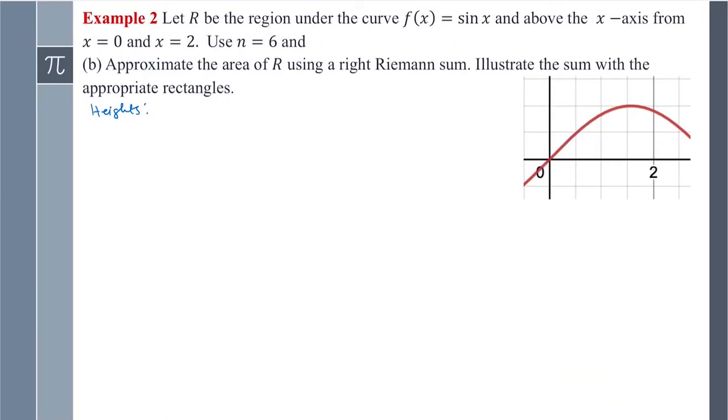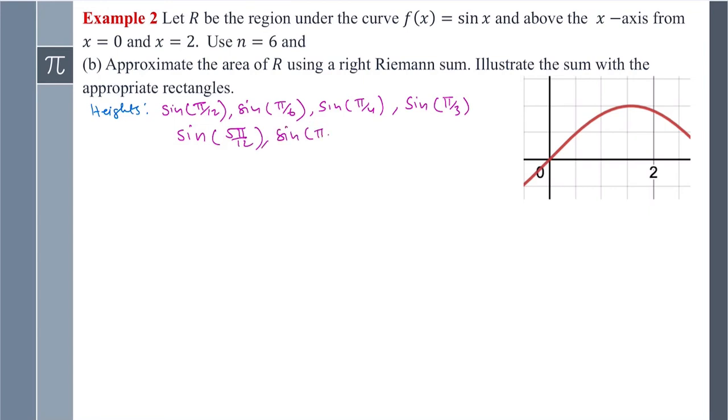So here, heights are sine of pi over 12, sine of pi over 6, sine of pi over 4, sine of pi over 3, sine of 5 pi over 12, and then sine of pi over 2.